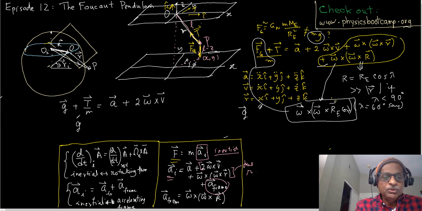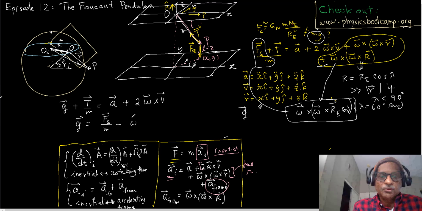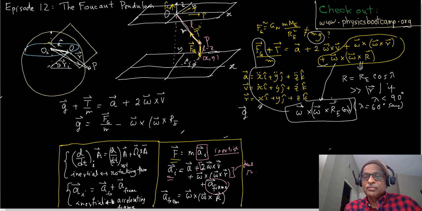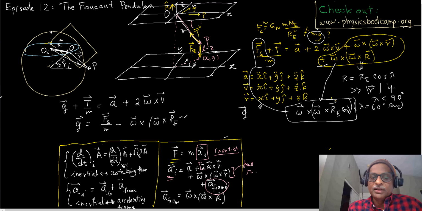And the g will be simply whatever Newton's law tells me, divided by the mass of the particle, minus omega cross omega cross the radius of the Earth, approximately radius of Earth times cosine lambda.